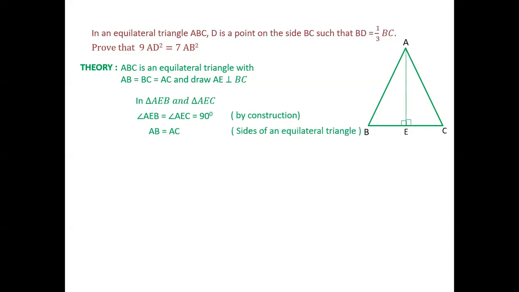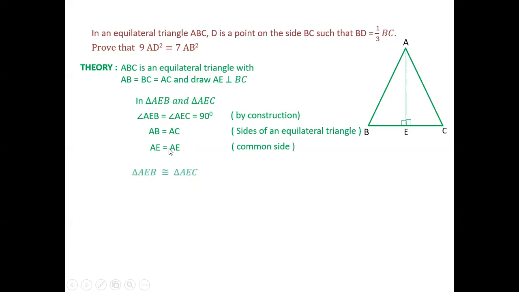Then AE is equal to AE, because it is a common side to both triangles. So these two triangles are congruent by right angle, hypotenuse, and side.